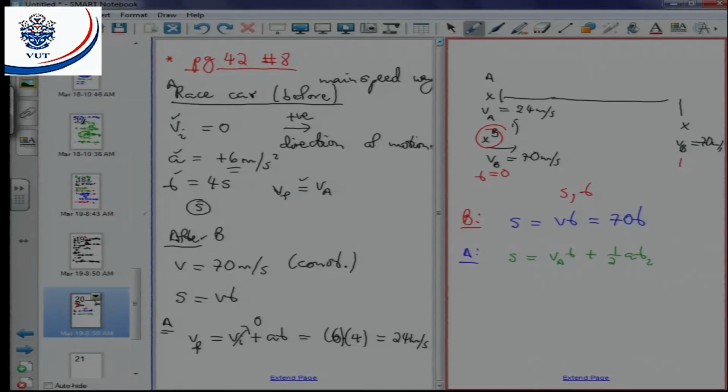Just a small mistake there, so let's make sure that we erase that and get our pen back.